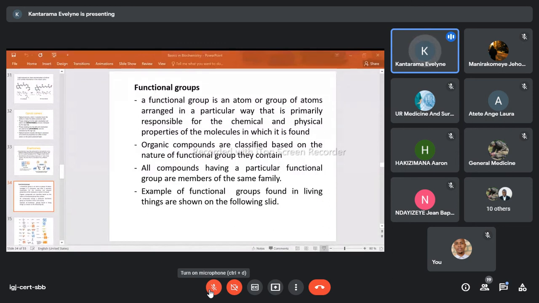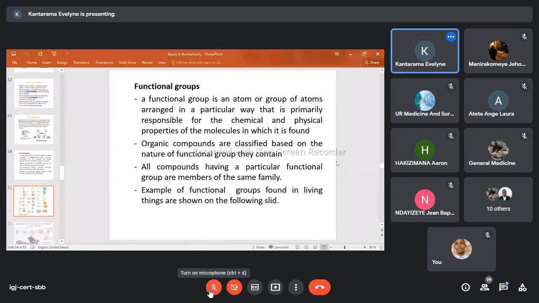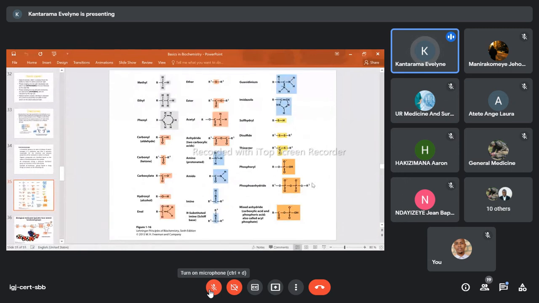Now I was saying that a functional group can be one or more atoms, or a group of atoms, that is responsible for chemical and physical properties of the molecule. Now, all compounds having a particular functional group are members of the same family. Let's see on the following slide where we have different types of functional groups found in living things.